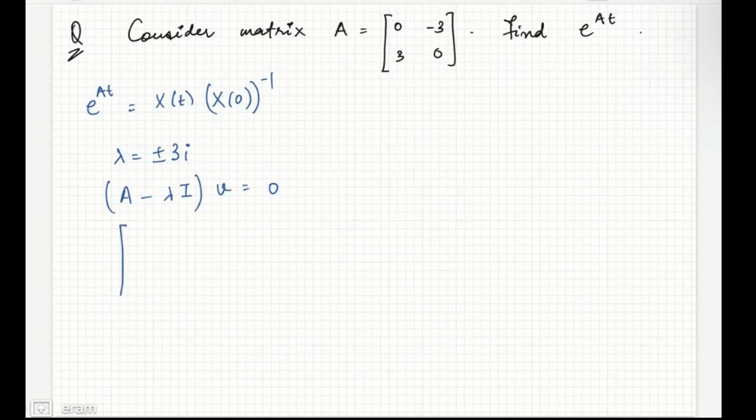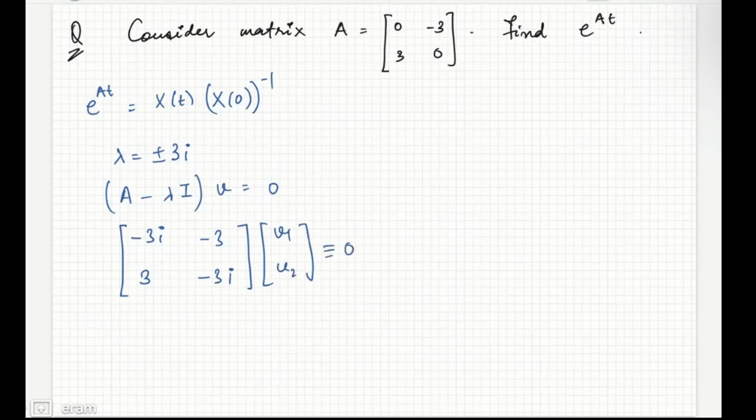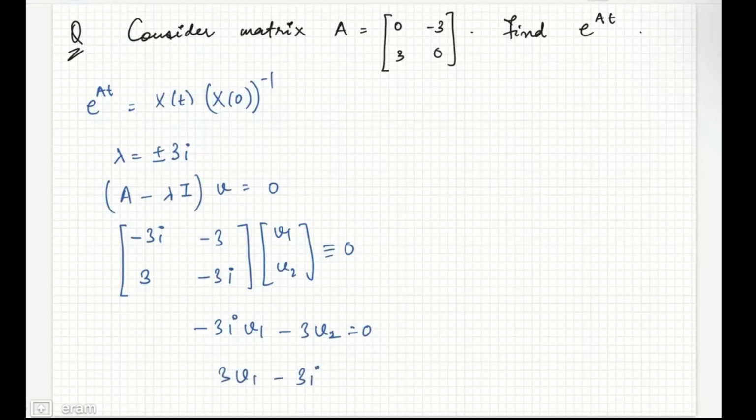A minus lambda I will be minus 3i, minus 3, and 3, minus 3i. And v1 v2 we have to calculate. It will give us minus 3i v1 minus 3 v2 equals to 0, and 3 v1 minus 3i v2 equals to 0.